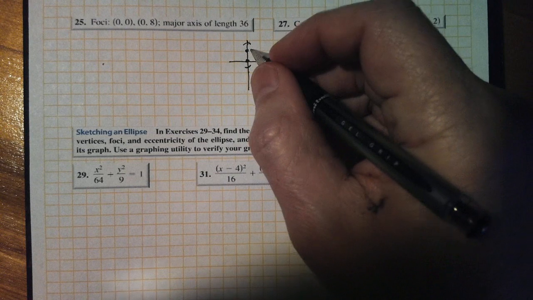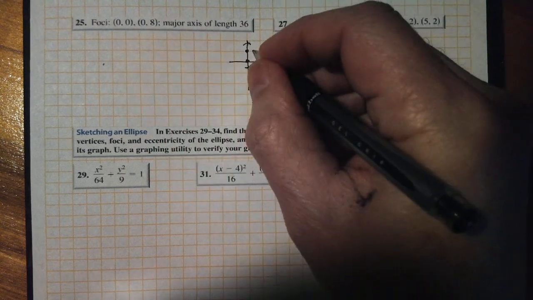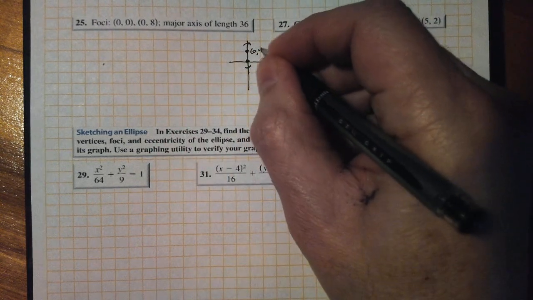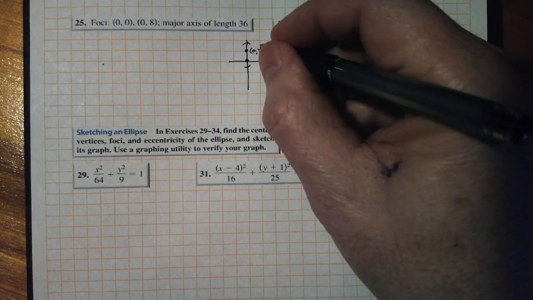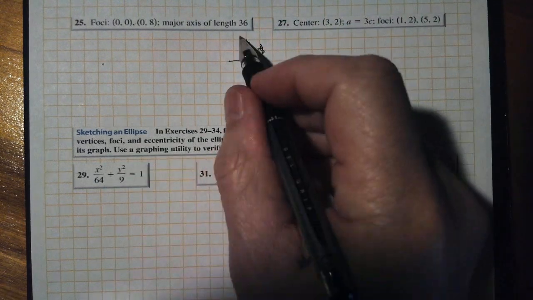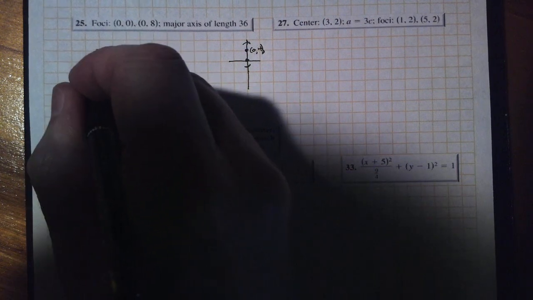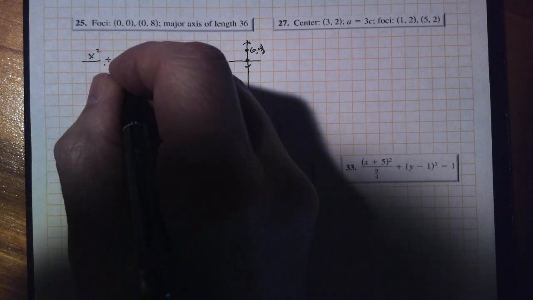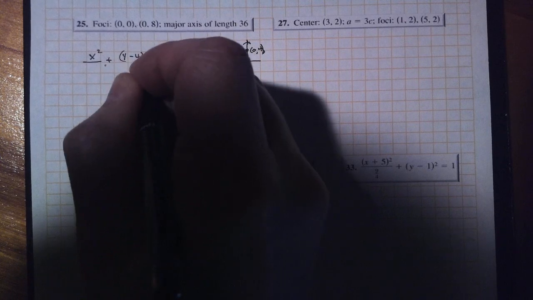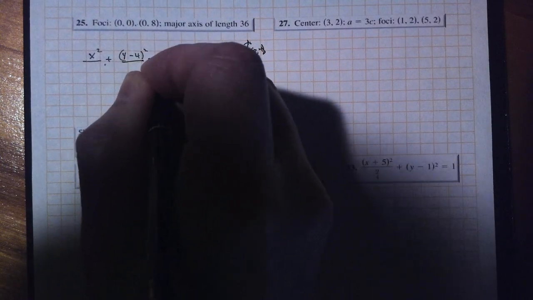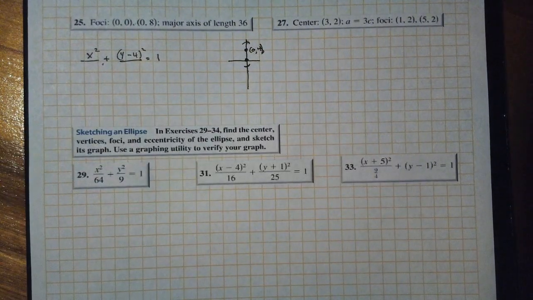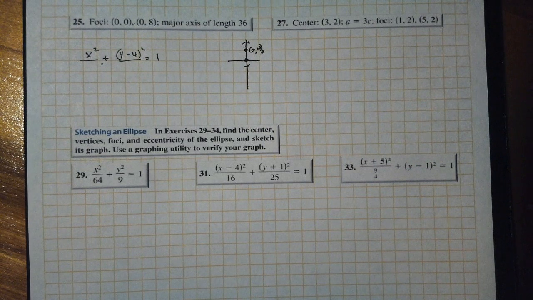But I do know that my center, halfway between these, is at 0, 4. I also know it's tall. So this is x minus 0 squared on plus y minus 4 squared on equals 1. And I'm ready for the next piece of information.